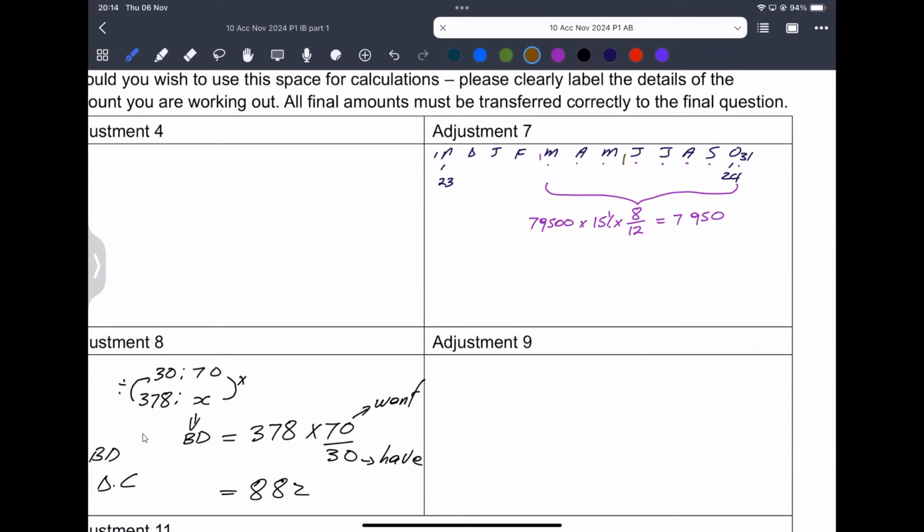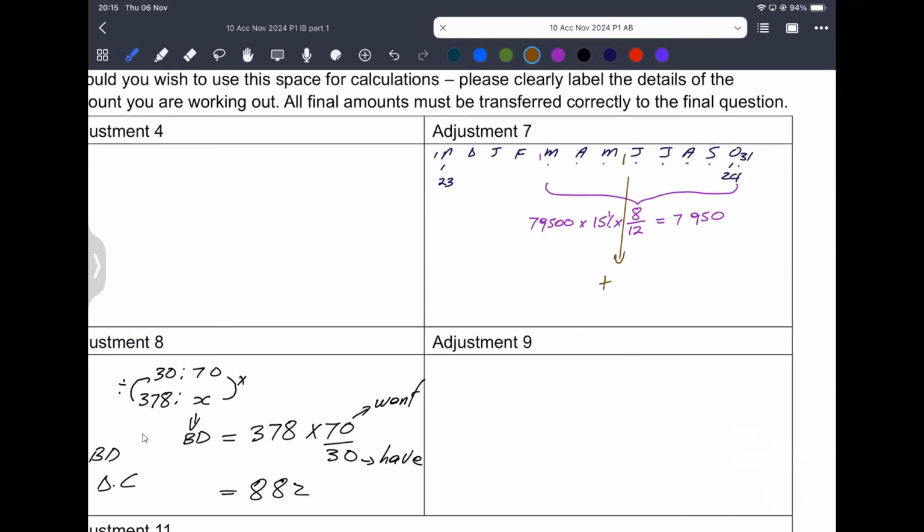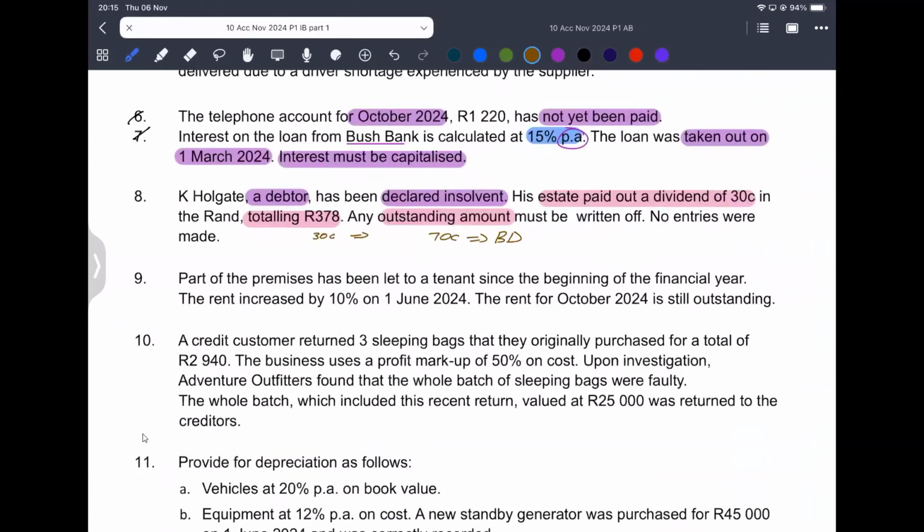It was increased by 10%. So from this date, it was 10% for 1, 2, 3, 4. The rent for October is still outstanding. So it means that there was no rent for October that was received. Yes, so it's still outstanding.